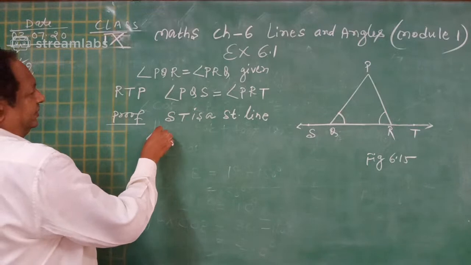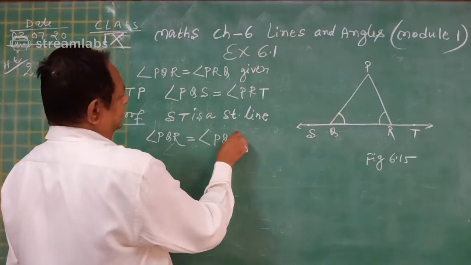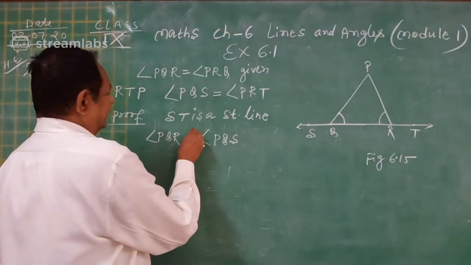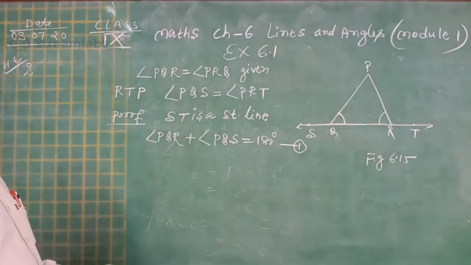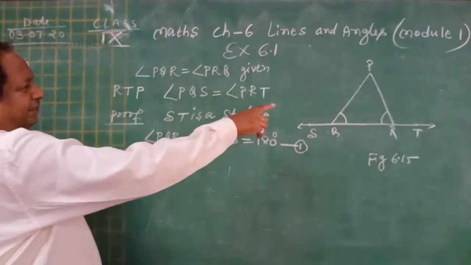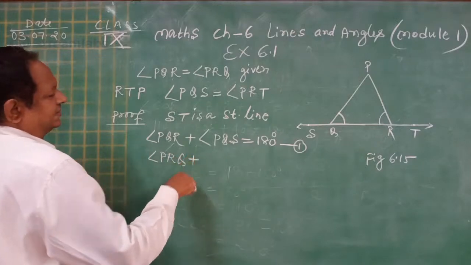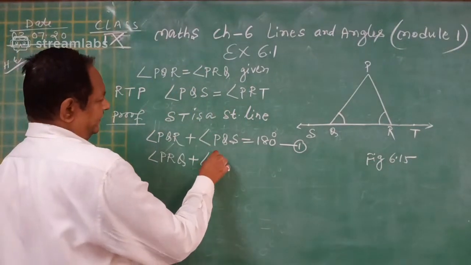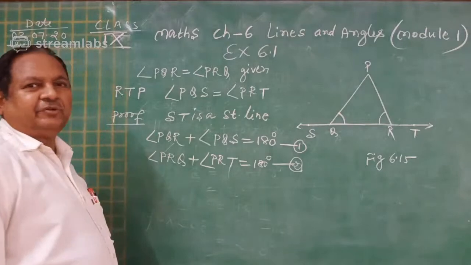So angle PQR plus angle PQS is equal to 180 degrees, equation number 1. Similarly, angle PRQ plus this angle PRT is equal to 180 degrees, say equation number 2.